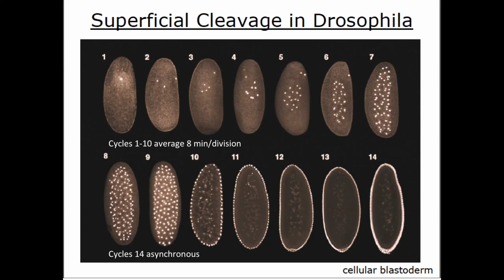What happens when an embryo is at cell cycle 8?